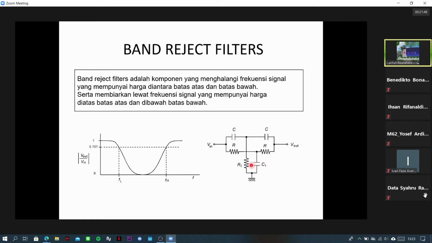Okay, so we have the capacitor and resistor, and the arrangement between these two, it should be connected to the resistor, and the connection between these two resistors should be connected to a capacitor and put to the ground. So the electrical components are quite different.